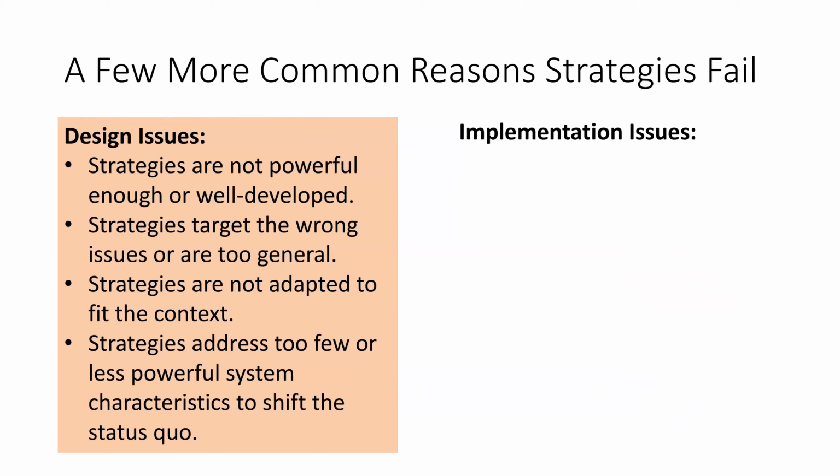And we know that for systems change to really take hold, we need to be addressing 2 or 3 different types of system characteristics so that we're shifting the system enough, in enough different ways, that it actually can be powerful enough to shift from its current way of doing things to a new way of doing things. And if we're only focused on one particular kind of system characteristic, then it's likely that that alone will not be enough to actually create the change, and definitely not enough to sustain the change.